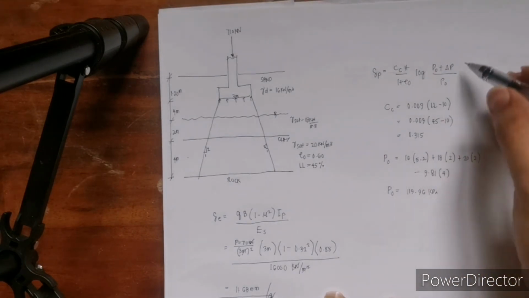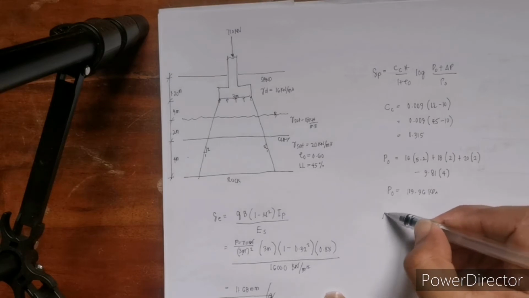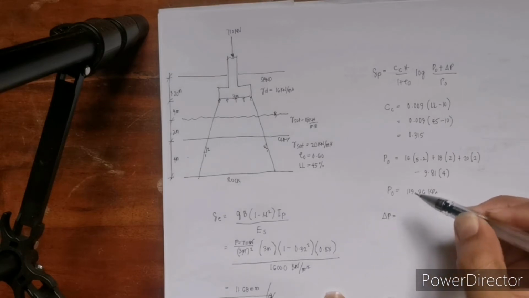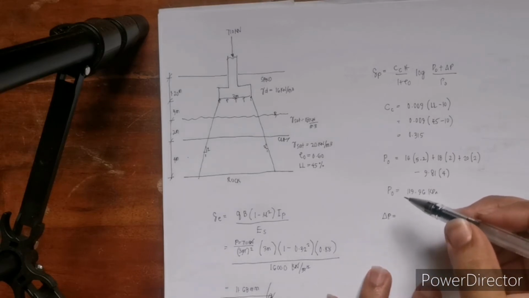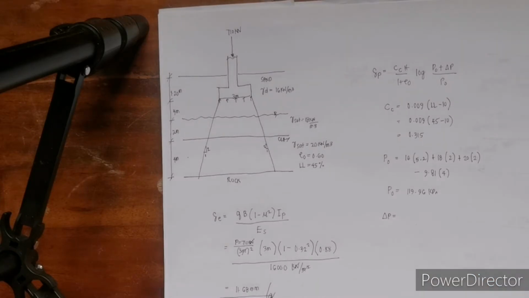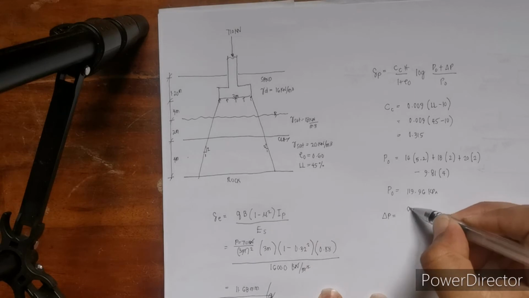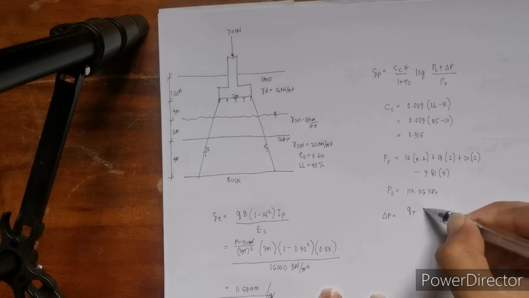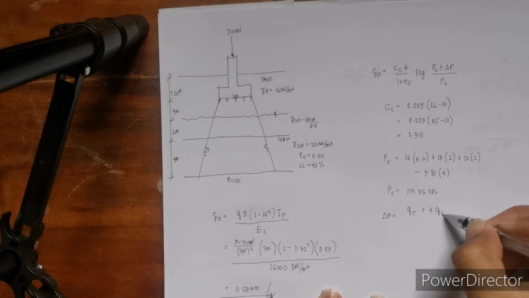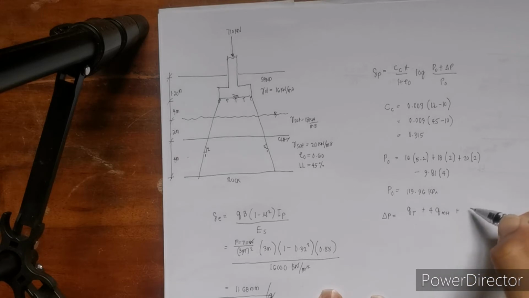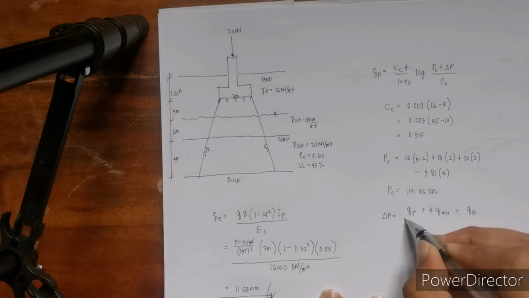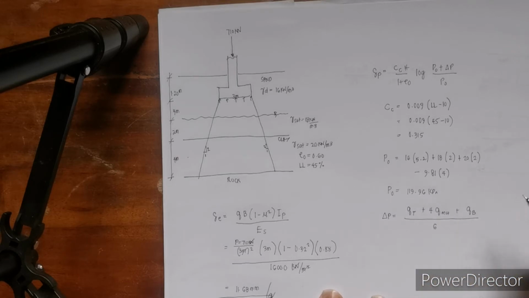Ngayon, for the delta P, using the trapezoidal rule, we can use the formula of Simpson's rule. And that is equivalent to the pressure at the top layer plus 4 times the pressure at the mid-height layer plus the pressure at the bottom layer of the clay, divided by 6.